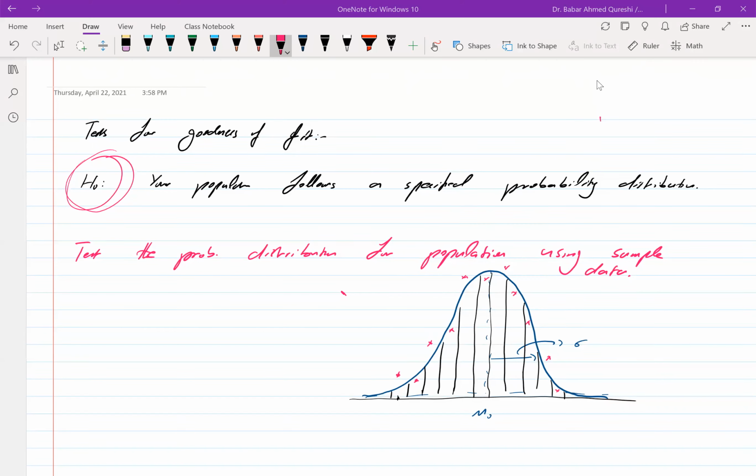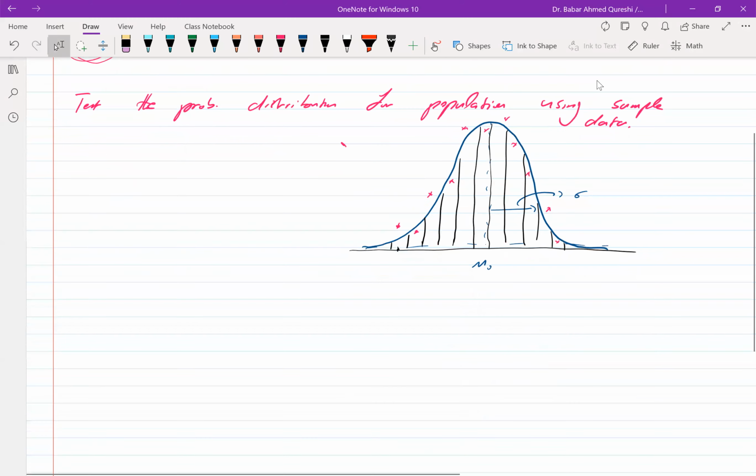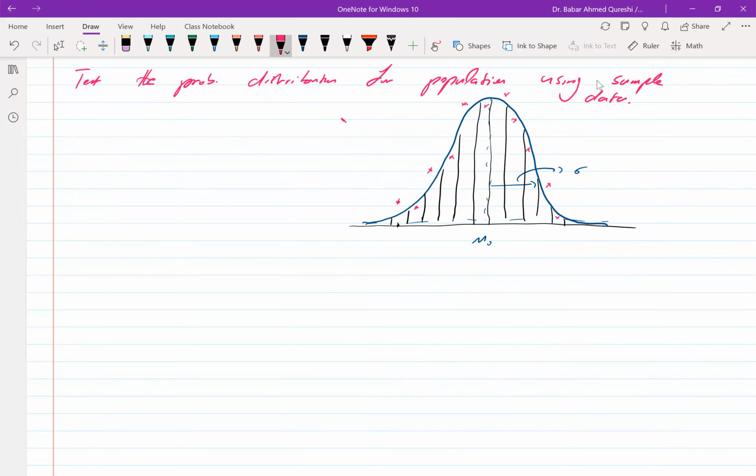If those statistical tests fail, then we reject the hypothesis, and that means that our probability distribution is probably not what we started with, what we assumed. And these tests which we will be doing will all be chi-square tests for goodness of fit.